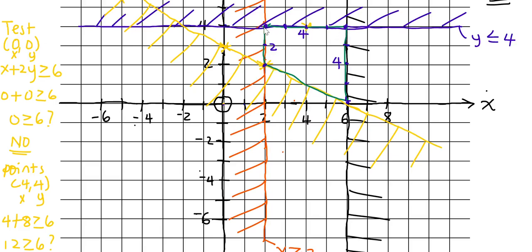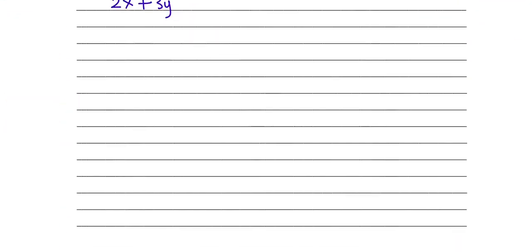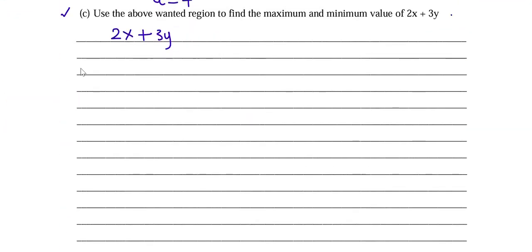So on this edge here, we have points 2 and 4, right? Because we read like this, you come down 2 and 4. So one of the points that possibly contains the minimum or the maximum value is point 2 and 4. So I have identified one point.